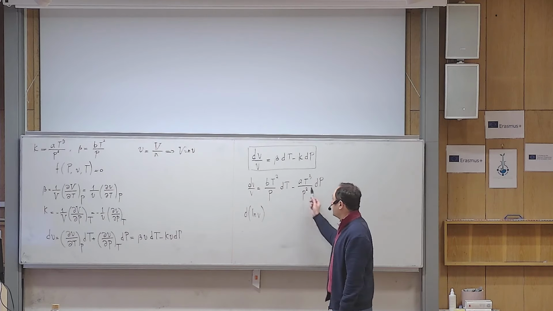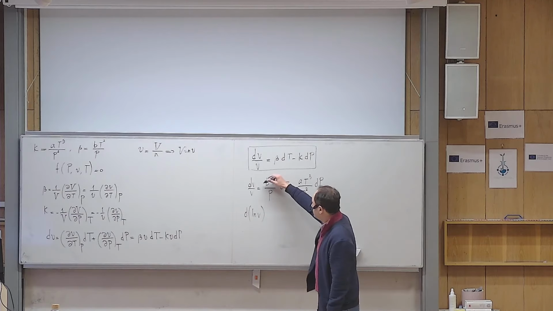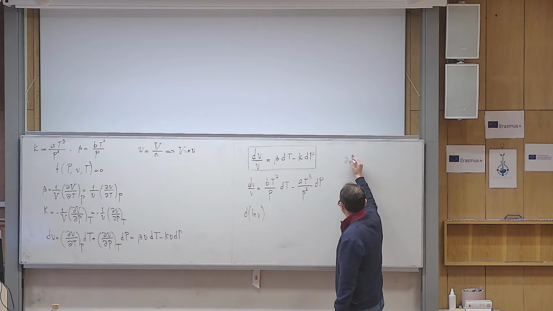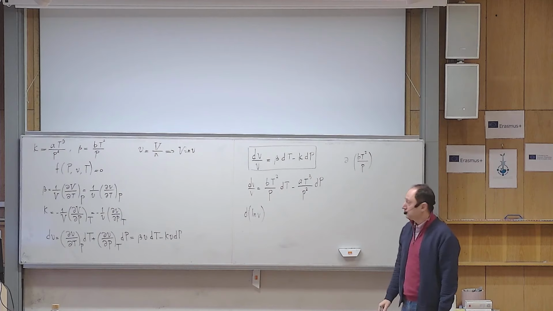For this one to be an exact differential, a necessary condition is that the derivative of this expression, derivative of bt squared over p, this is a theorem in multivariable calculus.